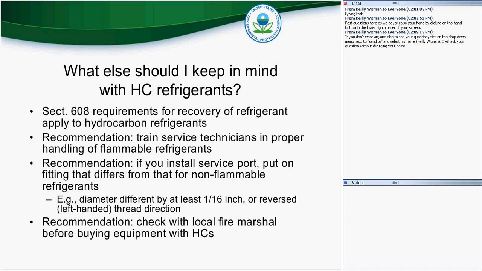And TEWI is basically another way of trying to get at that broader impact on climate that considers energy usage as well as the direct emissions of the refrigerant.